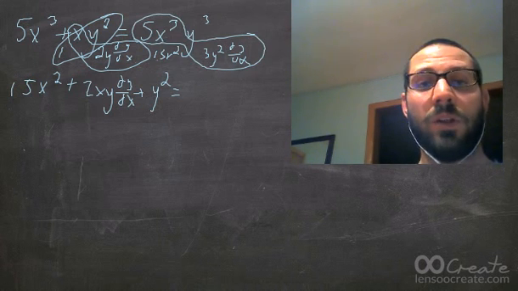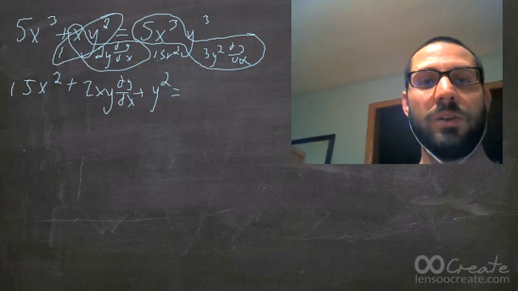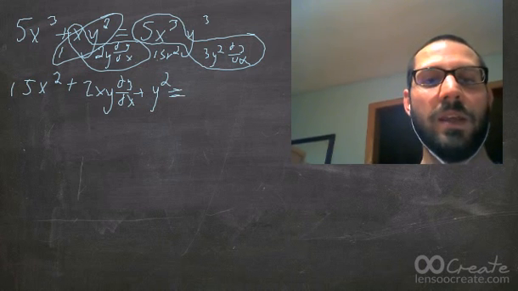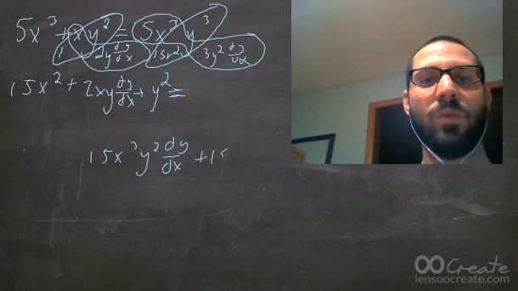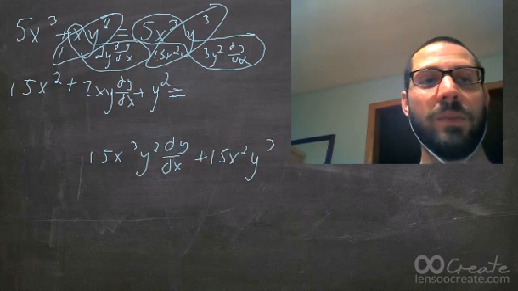Getting a little small here, aren't we? I'm going to go for another line down here. Equals 15x cubed y squared dy/dx plus 15x squared y cubed.